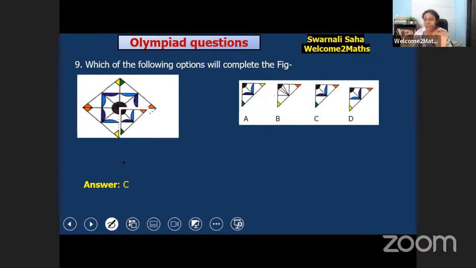Actually, my screen is blurry today. That is why C would be the right one. What is the reason? You can see in B, there are so many things, and in option C, you can see all the things are right and in a proper way.